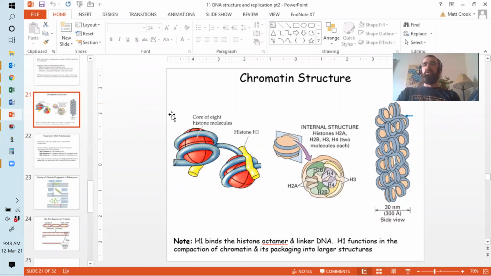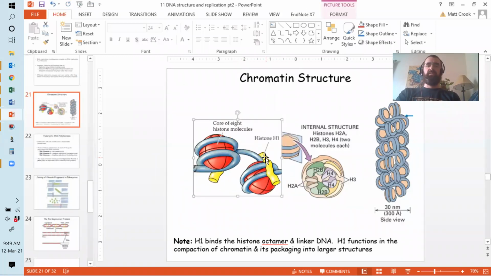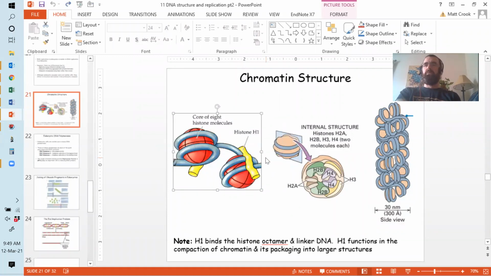So this is one nucleosome, which is DNA and protein. This is another nucleosome, and you have a bit of DNA in between, which basically allows those things to flex, and it also gives space for these histones to move up and down the DNA.